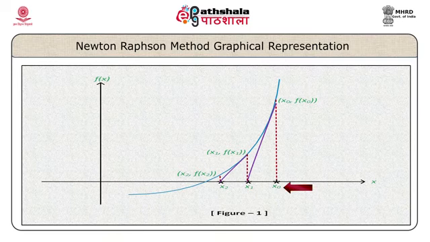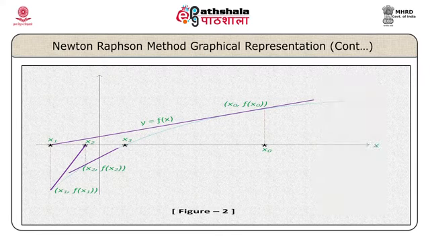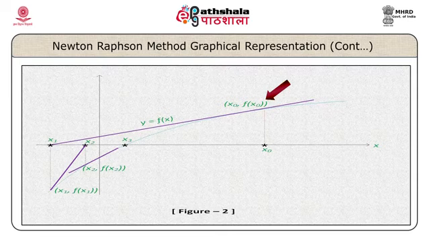x0 is the point which is the initial guess. The corresponding point on the curve you can view as (x0, f(x0)), and see, the derivative means tangent. So, if we draw a tangent to the curve at the point x0, this tangent meets the x axis at the point x1.